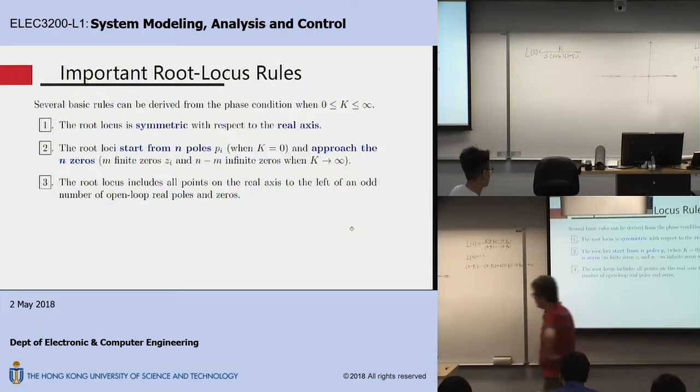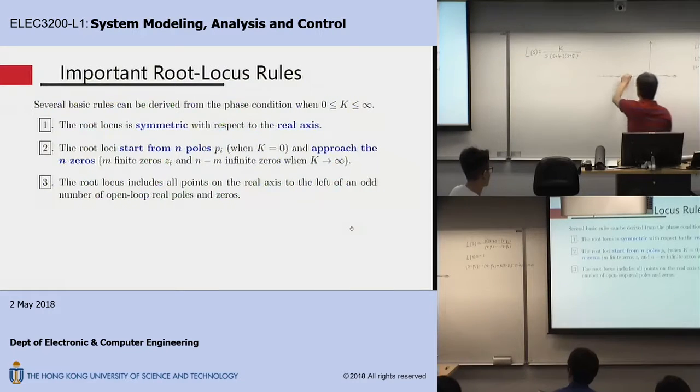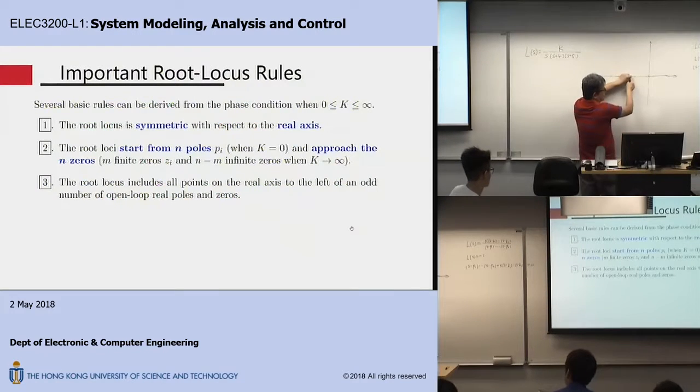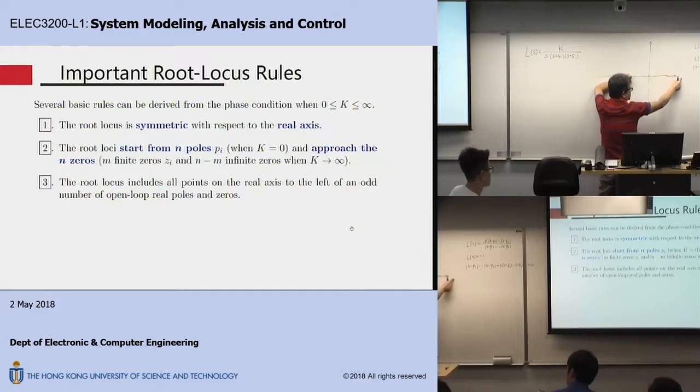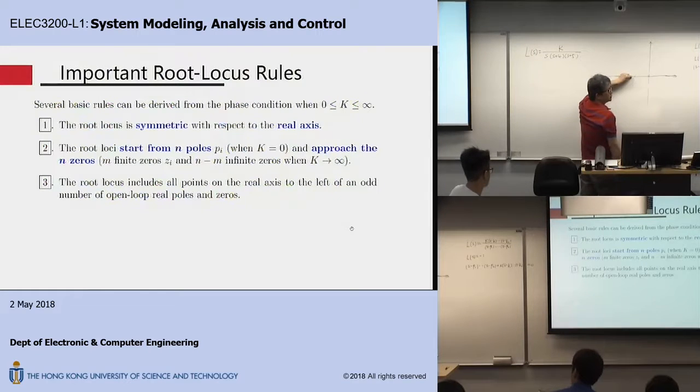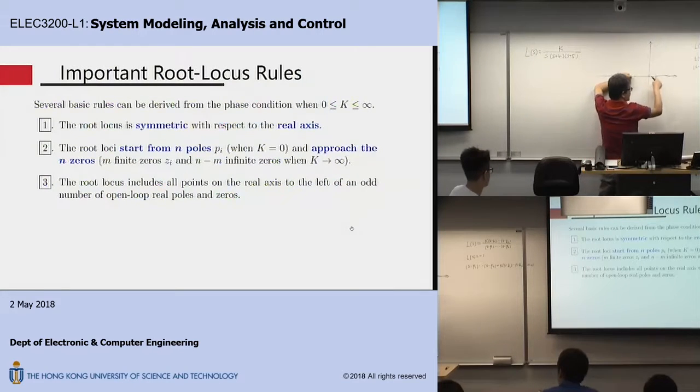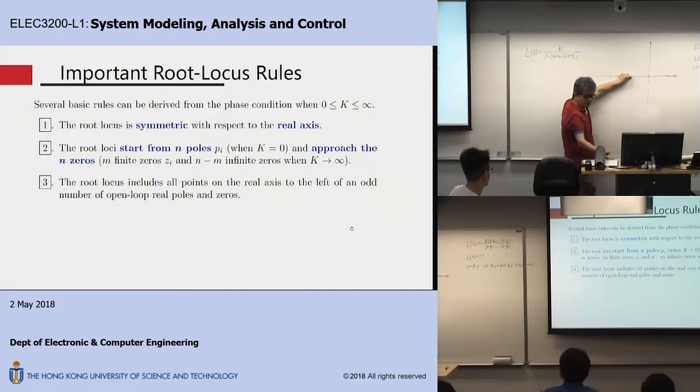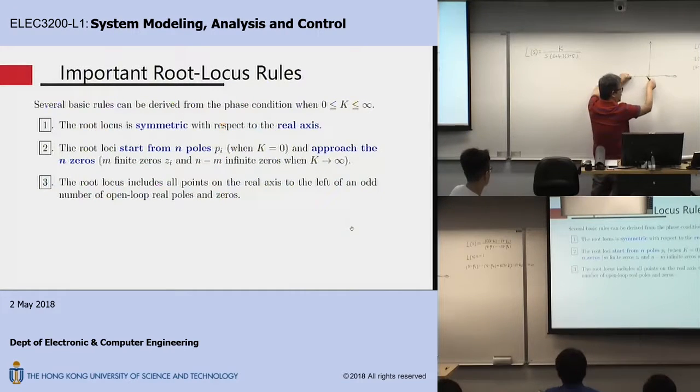So you take any point here, and you count the number of poles and zeros to the right. If you add all the poles and zeros together and the number is odd, then this part is indeed in the root locus.